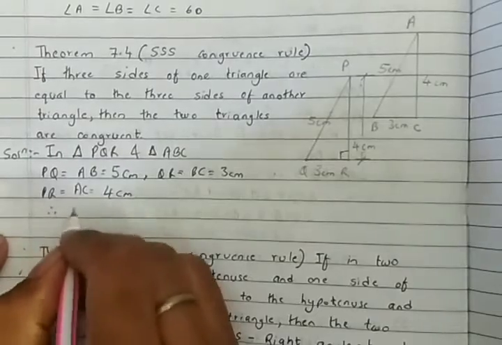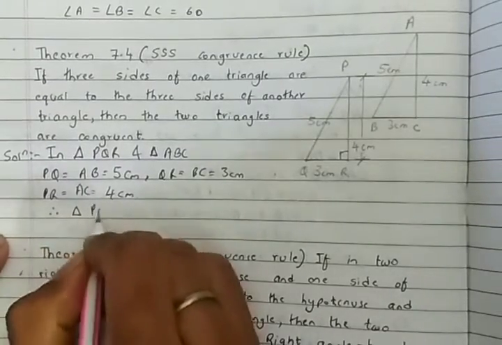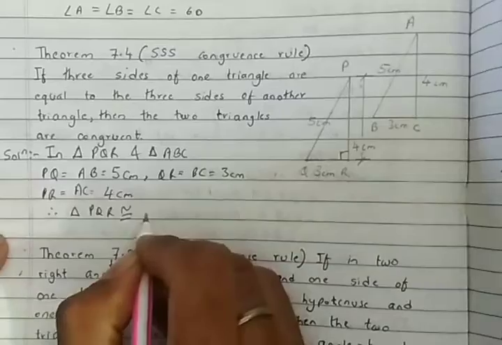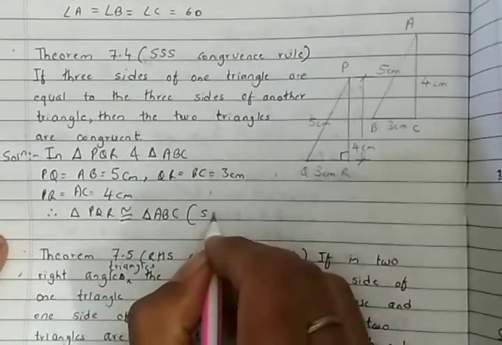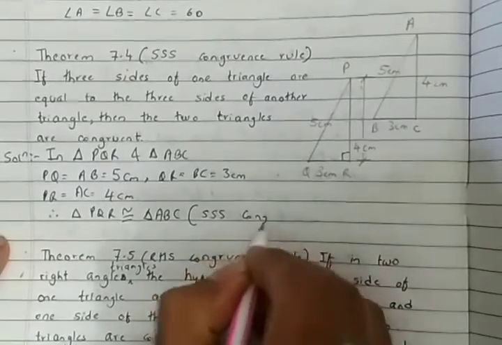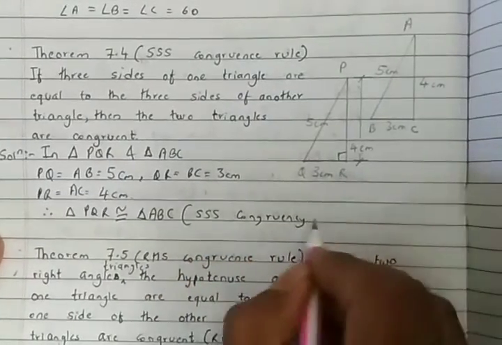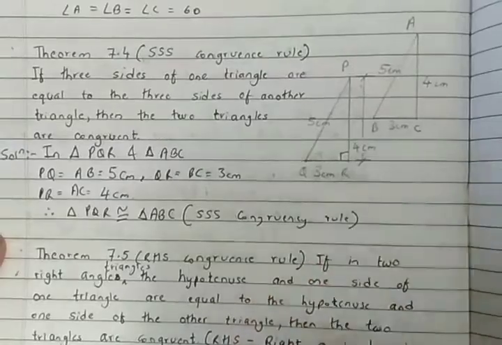Therefore, we can say that triangle PQR is congruent to triangle ABC by side side side congruency rule.